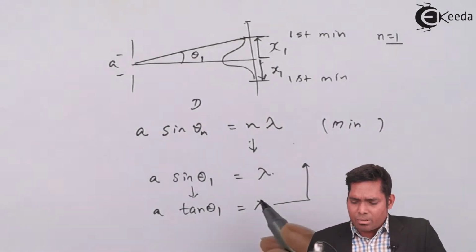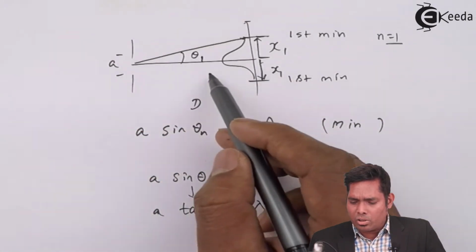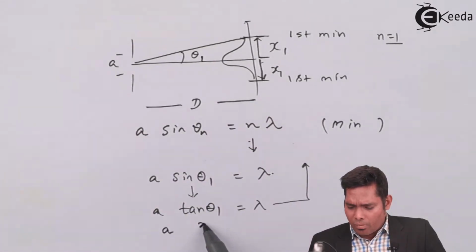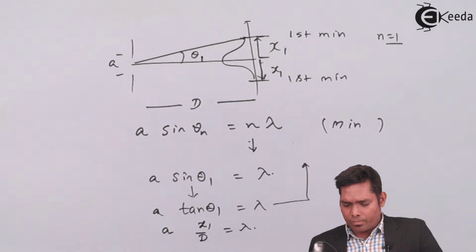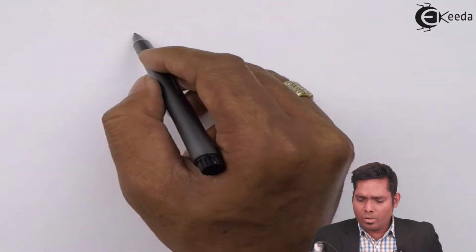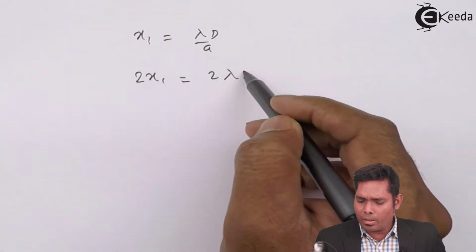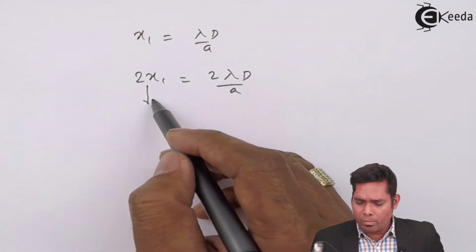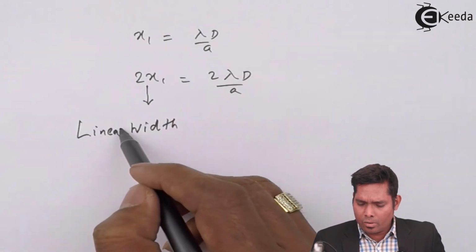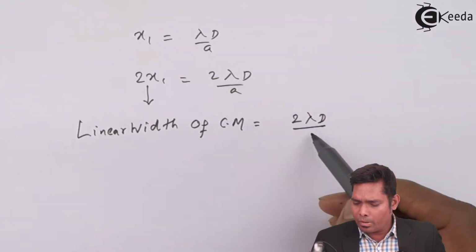Considering this right angle triangle with angle theta 1 and this length D, tan theta is x1 over D, which is equal to lambda over A. So x1 is lambda D over A, and 2x1 is 2 lambda D over A. So the linear width of central maxima comes out to be 2 lambda D over A.